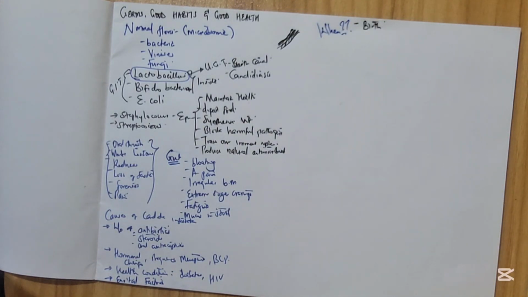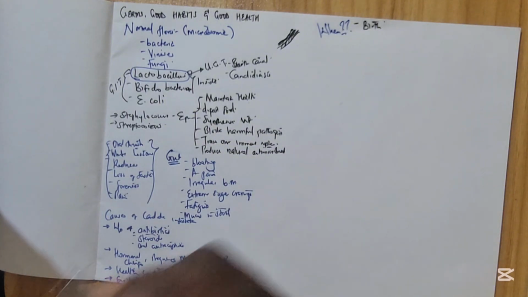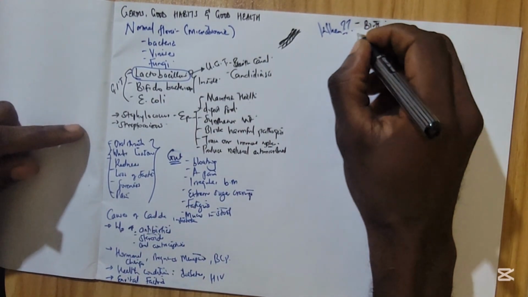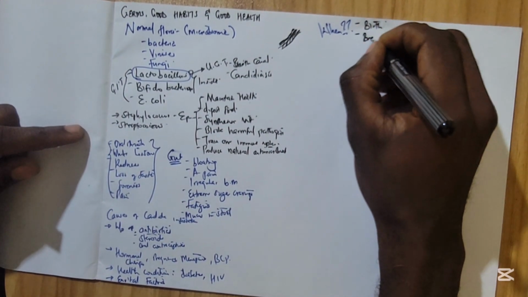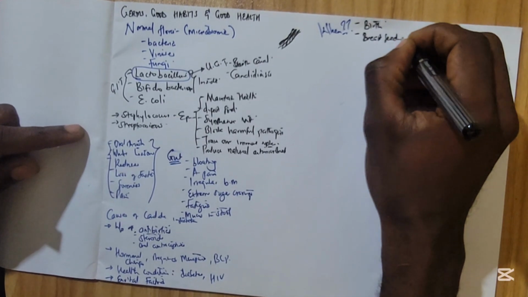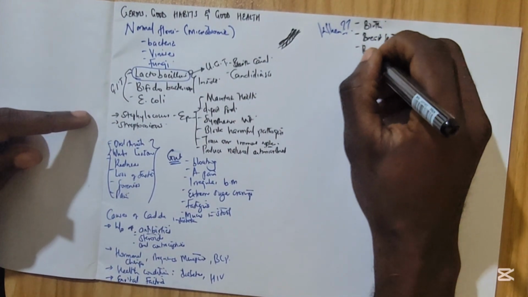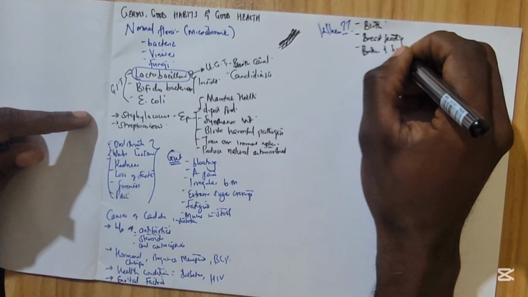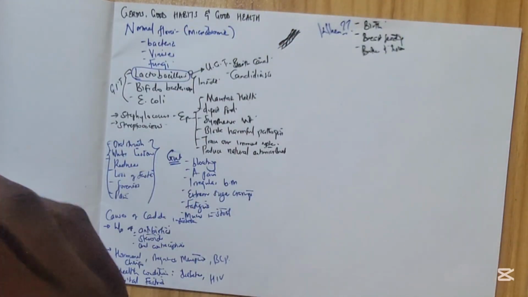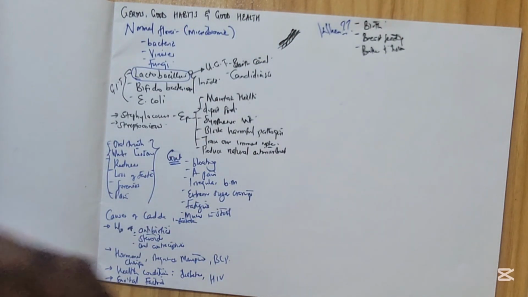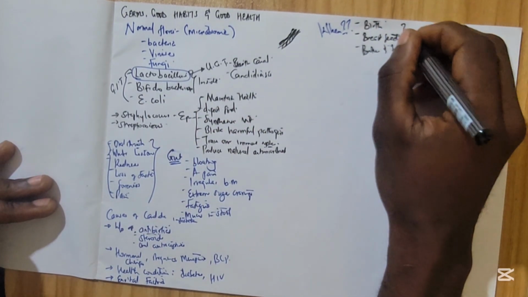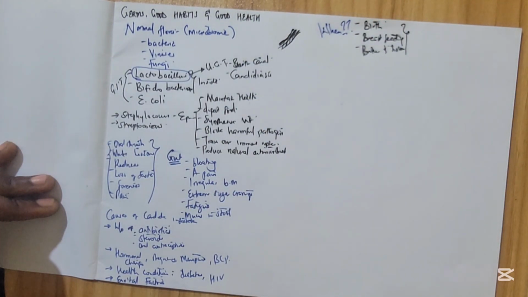That's when we acquire our first normal flora. Then during breastfeeding, we continue to develop our normal flora, and from the brothers and sisters who lift us as we are growing. So this normal flora continues to grow as time passes by. That's how we acquire our normal flora right from birth.